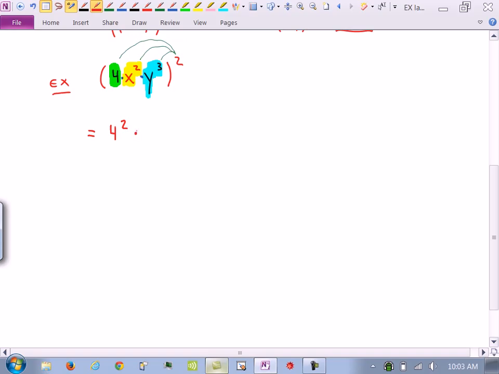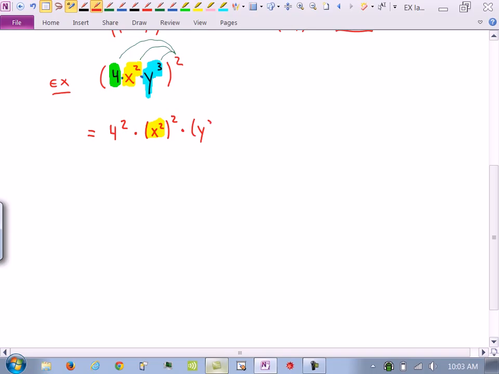Now times, now I need to take care of that x squared. What am I supposed to do with the x squared? Well, yes, but I'm going to square it, right? So watch how I write this. I'm taking the x squared and I'm going to square it. I'm showing this step, even though that is going to turn into x to the 4th, I want to show you that step. So do you all see that that's just the x squared here being squared? And then times, what's the next one?